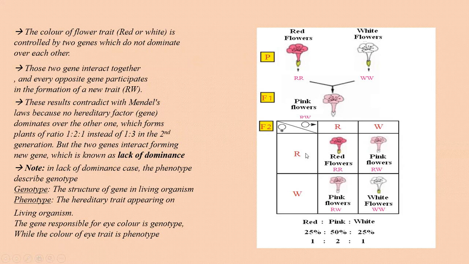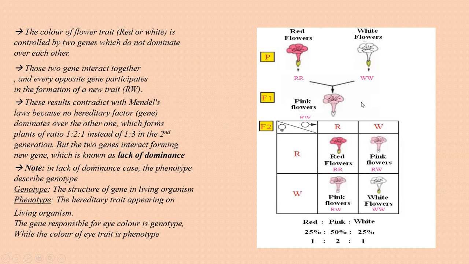The genotype we agreed on how to write, while the phenotype is the character that appears, meaning the color, the shape, what appears on them. Okay, let's do the crossing between the male and female. One gamete R from the female with another capital R from the male gave me RR, which is red flower. Another gamete from the female, R, with W, we already did the assortment, we took half the number.